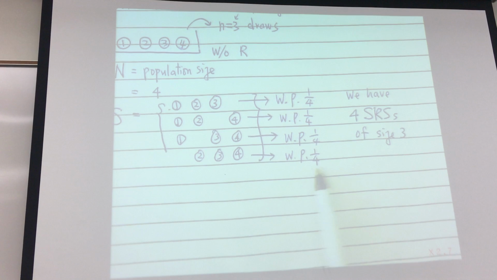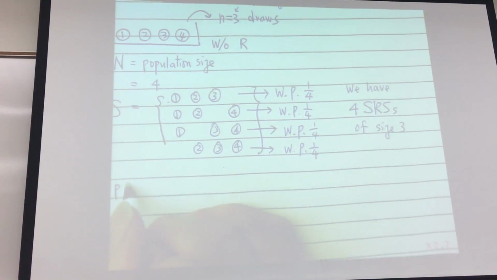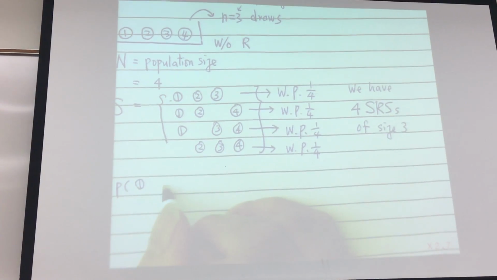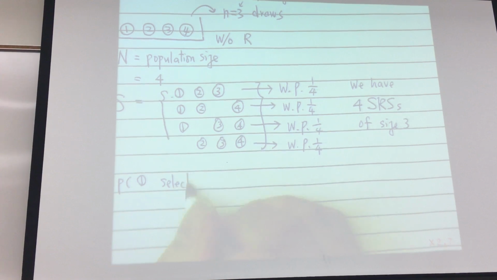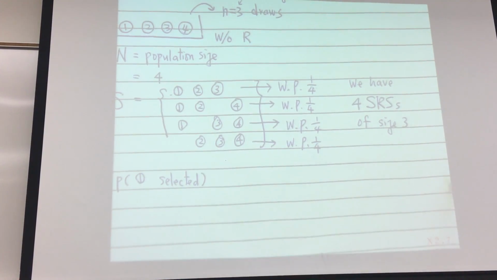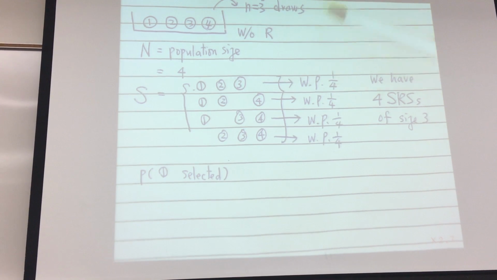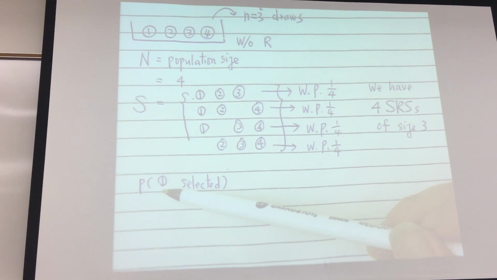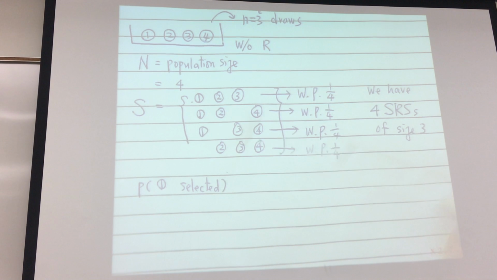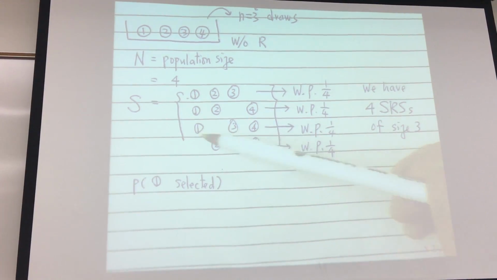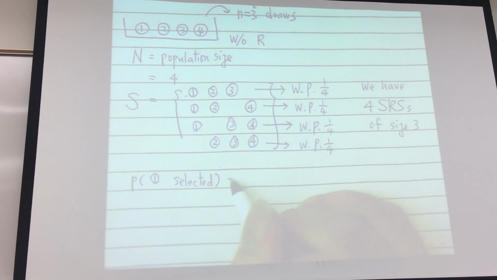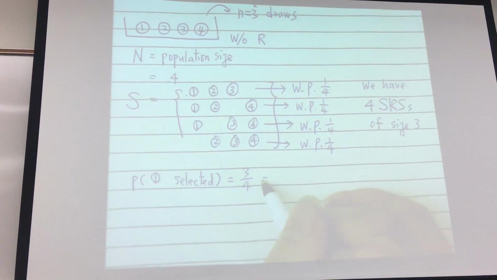Okay? Moreover, how likely are we to include ball number 1 in our sample? Look at here. The chance we're going to include ball number 1 in our sample: 1, 2, 3, 3 out of 4. So that chance is 3/4. Okay?